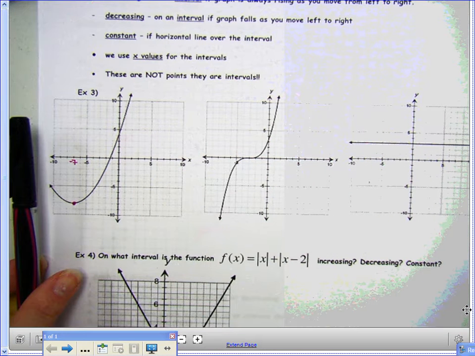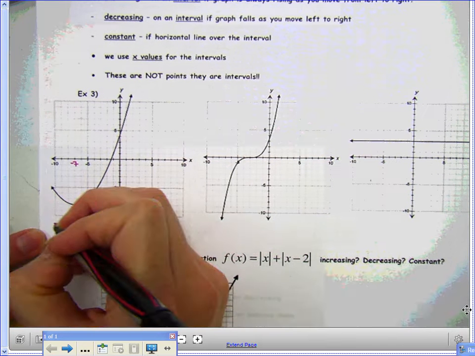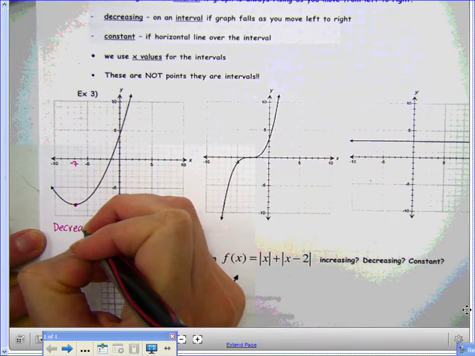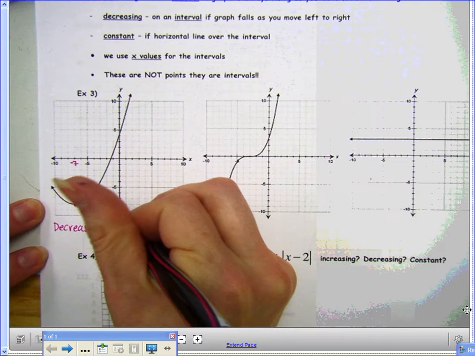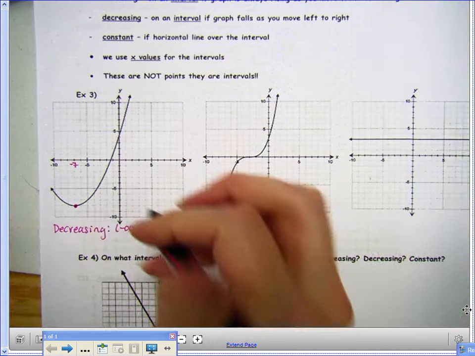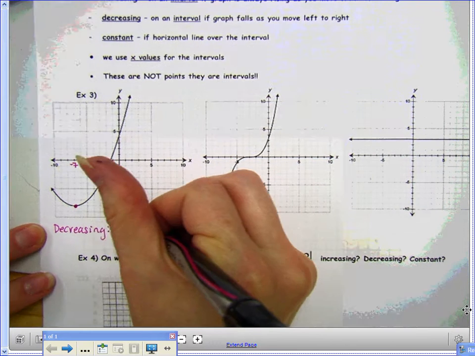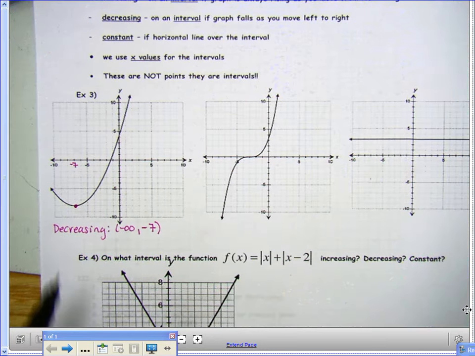So I know that my graph is decreasing on the interval from negative infinity to the x value of, in this case, negative 7. We use parentheses around this because that point is where it's changing.